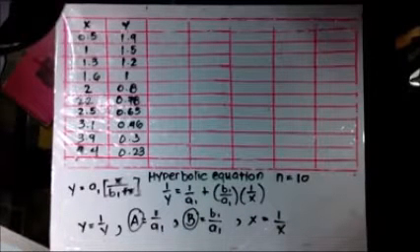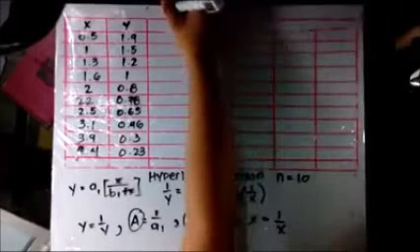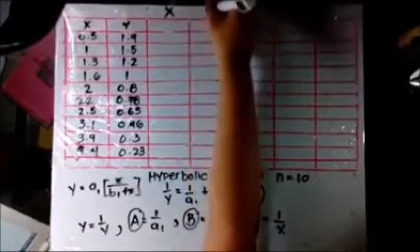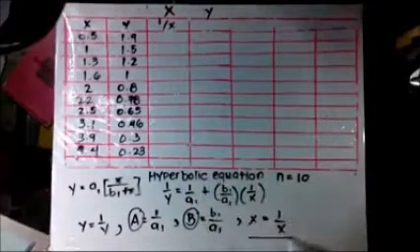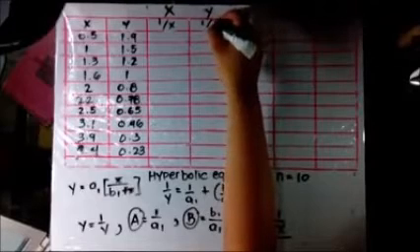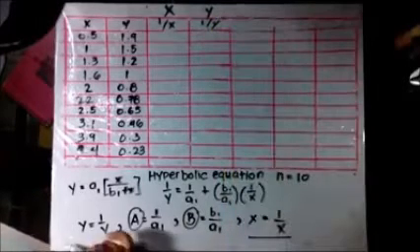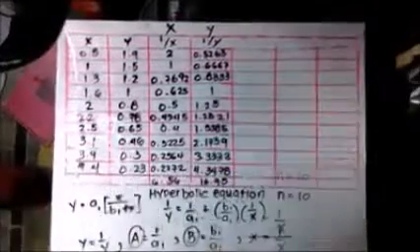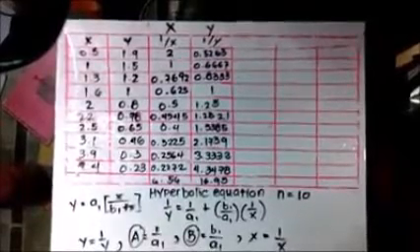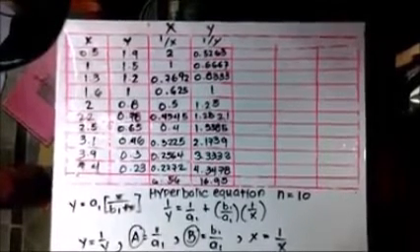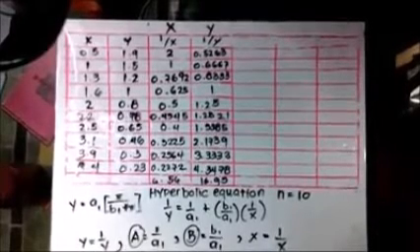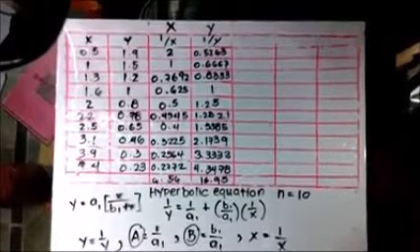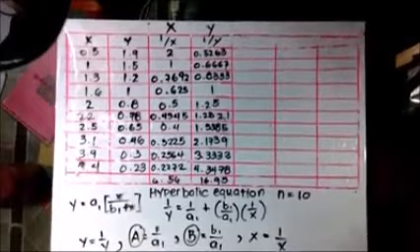First, we have to calculate the new value of y and x, which is equal to 1 over x and 1 over y. So now we have the new value of x and y.